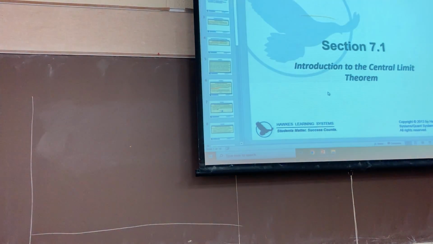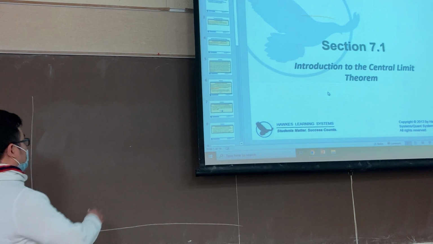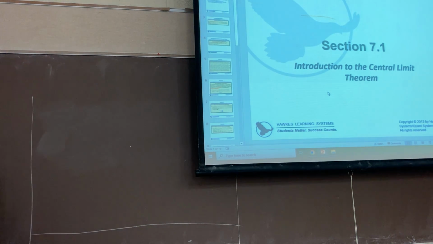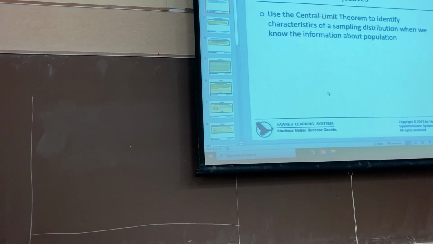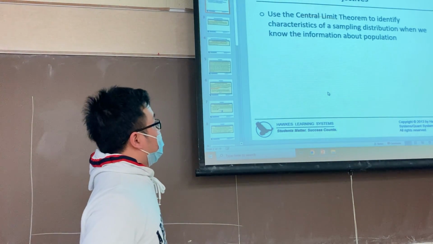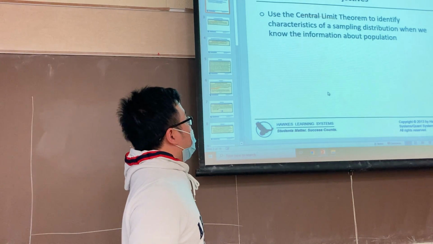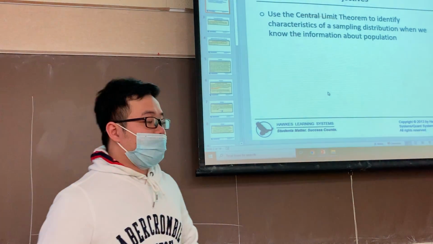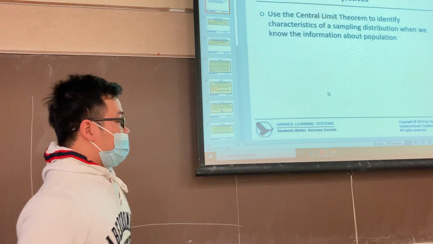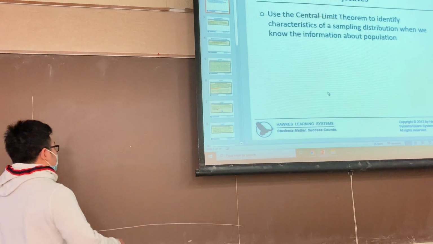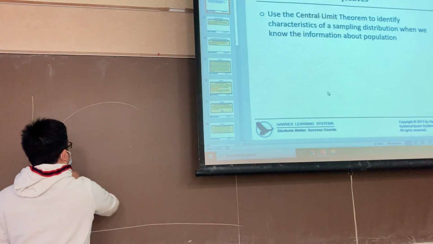Now, the goal of today is to use the central limit theorem to identify the characteristics of the sampling distribution when we know information about the population. For example, I will recall something about population and sample.